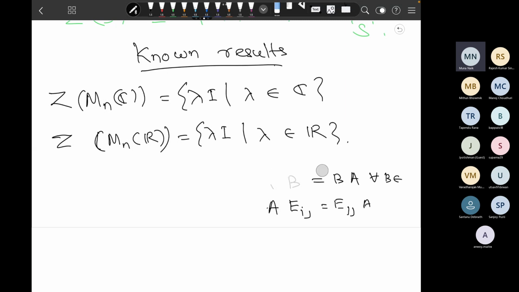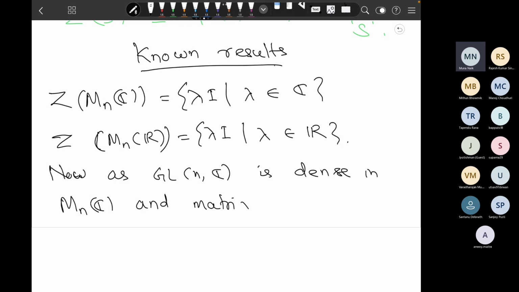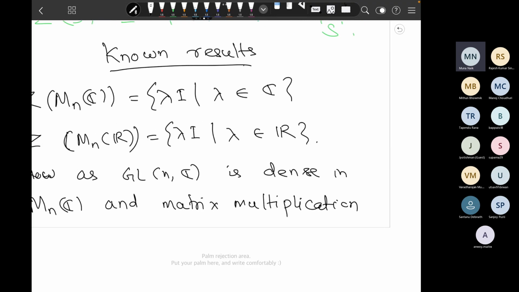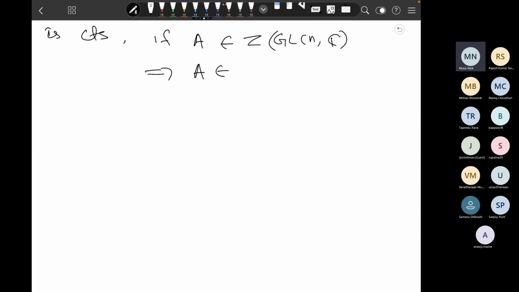These are elementary exercises. Now, as GL_n(C) is dense in M_n(C) and matrix multiplication is continuous, this implies that if A belongs to Z(GL_n(C)), then A will belong to Z(M_n(C)).